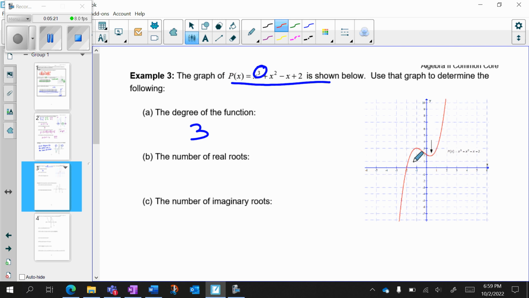Notice it goes straight through at x equals -2, so there's only one real root. And because there's only one real root and we have a total degree of 3, we have to have 2 imaginary roots. And remember, our imaginary roots come in pairs. Our total number of real roots plus the number of imaginary roots has to equal our degree.